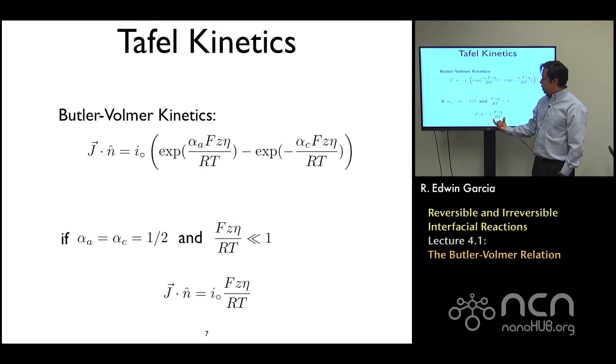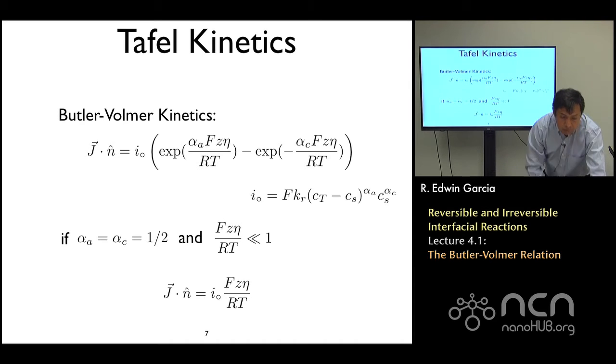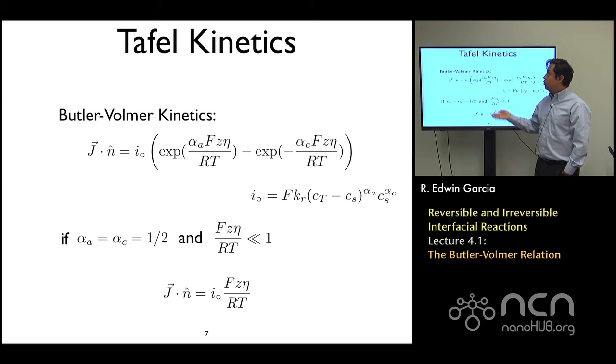And here what we find is that this linearized description is what people refer to as Tafel kinetics, and people use this to actually describe what happens in the system. Now, we still have that same relationship, so you can see it's still nonlinear with respect to the interfacial composition.